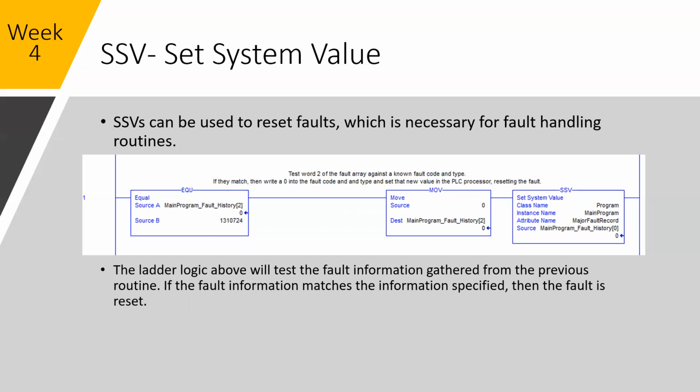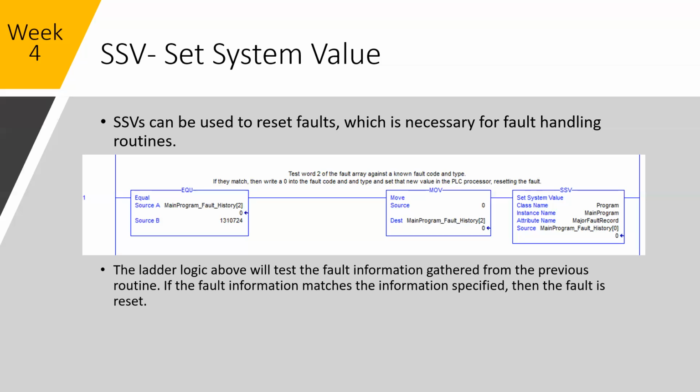This doesn't only work with system values for the processors. If you had any module, say a fault on a digital input card, you could set that fault, you could clear it, and you can pull that information to monitor the status of comms modules.